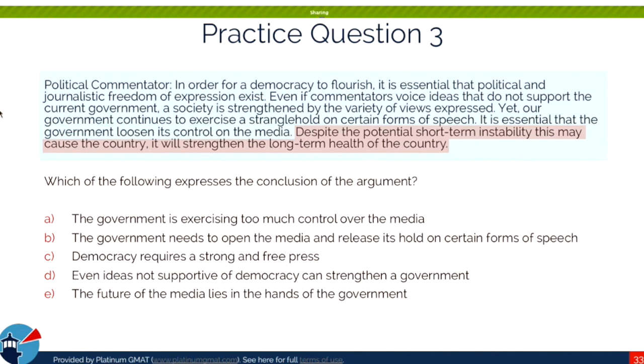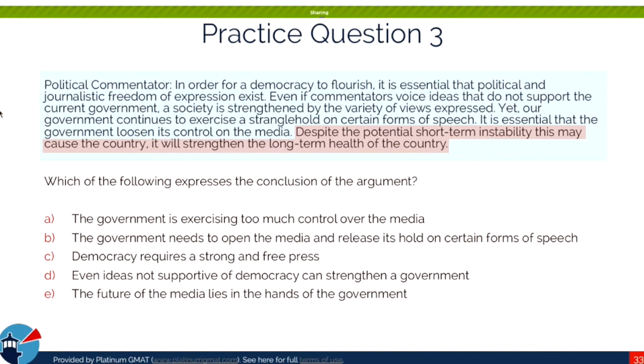And then the last sentence says, despite its potential short-term instability, this may cause the country, it will strengthen the long-term health of the country. This sounds like it's just further supporting the call to action that the government needs to loosen its control on the media. So I'm going to say this is also an intermediary premise here.